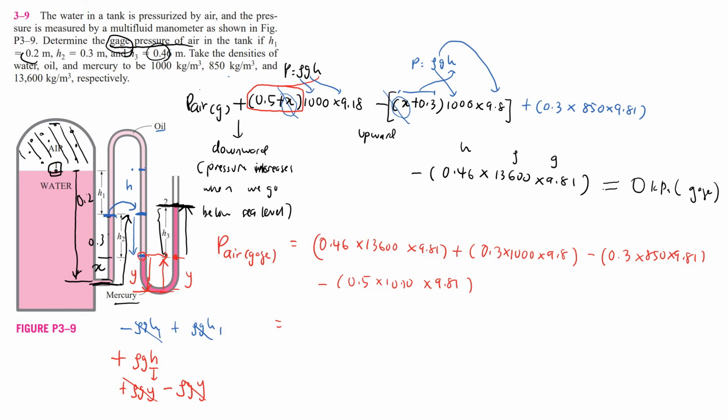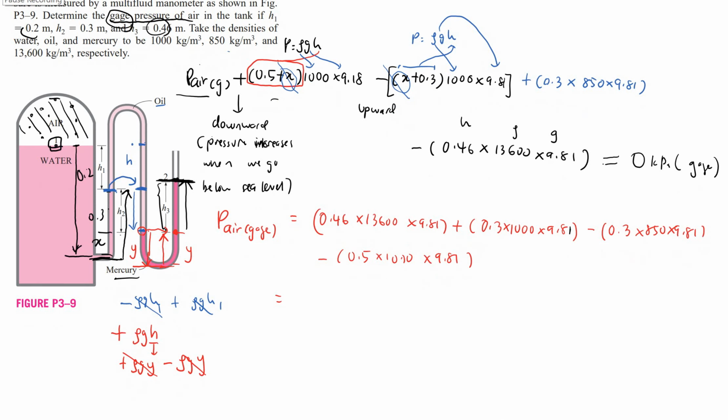From our equation here, you can rearrange, and you can remove your x already by this time, leaving you this part. Press the calculator and find the answer. So here you have 56,907.81 Pascal.